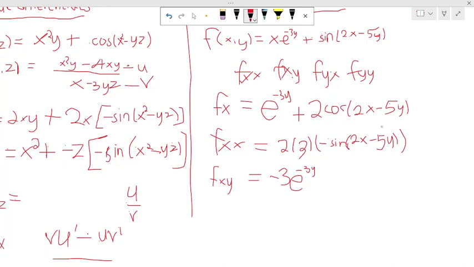Then we have this expression, so 2 is already there. Differentiating the expression in the bracket with respect to y is going to give us negative 5, and differentiating the whole function gives us negative sine of the expression 2x minus 5y.